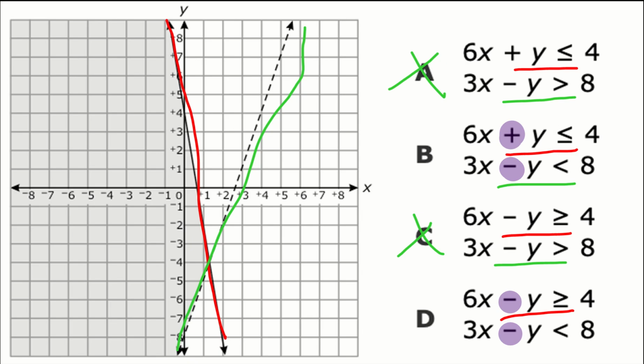So my solid line, if I do the slope, I do opposite of A over B. So opposite of A is -6 over B. That means my slope is -6. Y'all, that's a negative slope, right? Down here, opposite of A over B is a negative over negative. That's a positive. D is out. B is the correct answer.